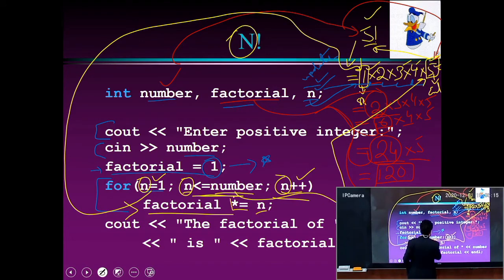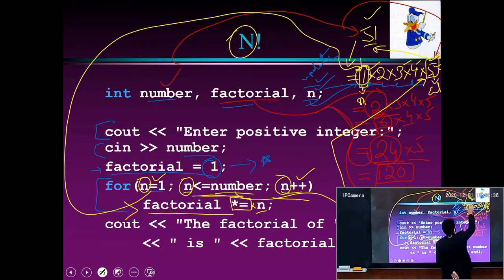Star equal is a compound assignment operator, which involves multiplication as well as the assignment operator. So now you can see here that factorial is multiplied with n.